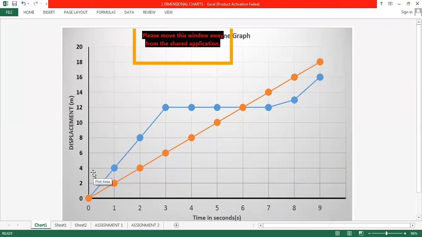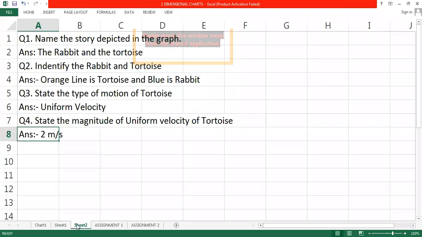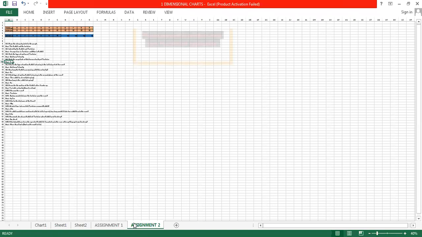Nitya, very good beta. The answer is right. Yes, Mahesh, very good beta. Now the answer is right. Okay. So what is the uniform velocity? So you will find the uniform velocity is 2 meter per second. Chalo, now let's go to the next question.